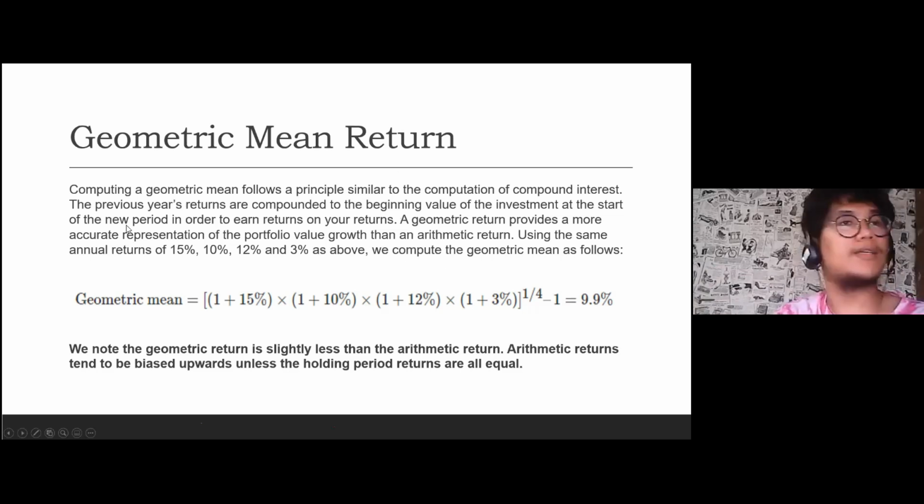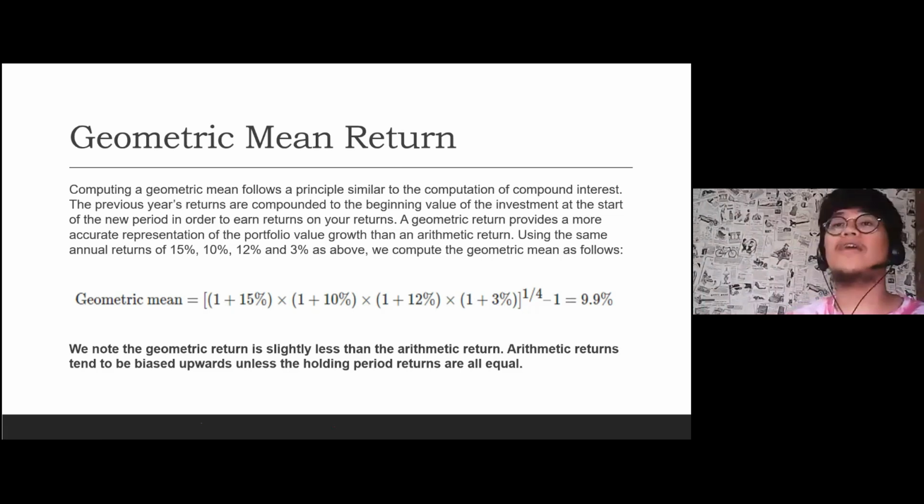The formula is just 1 plus I times 1 plus I for the succeeding years, then multiplying these 4, and the exponent will be 1 over n, where n is the number of annual returns, or your number of series.